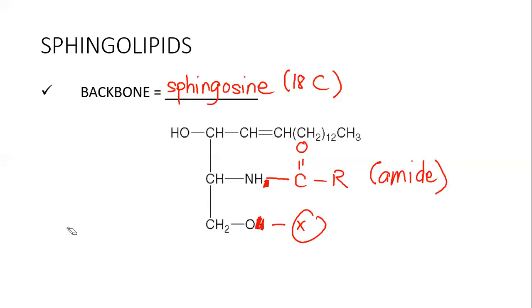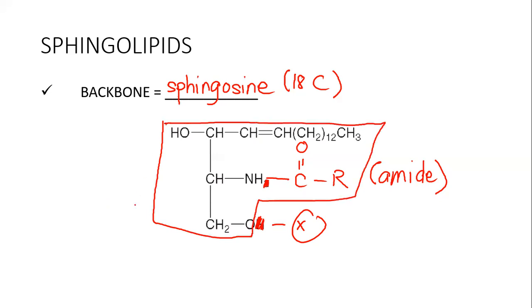Class, you will notice that in all or most of our examples of sphingolipids, the ceramide part remains untouched. The sphingosine backbone plus fatty acid remains untouched, and only the head group attached changes.